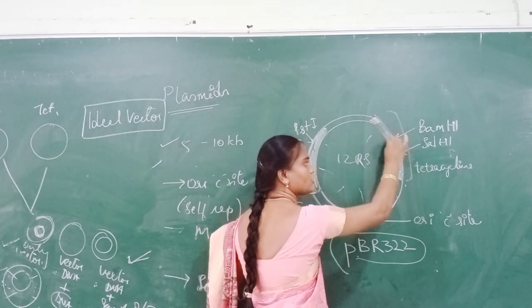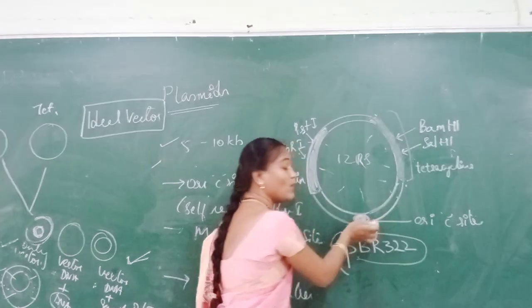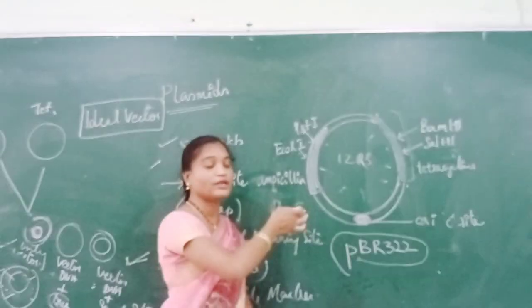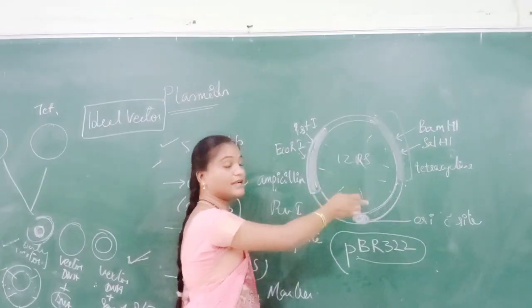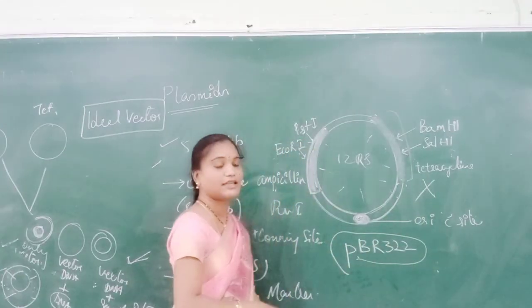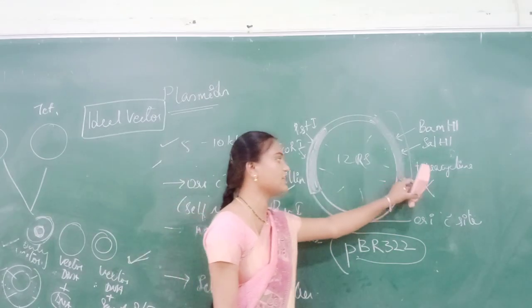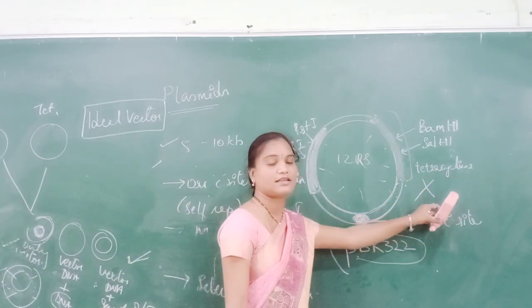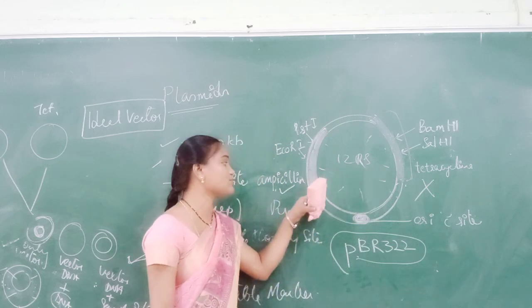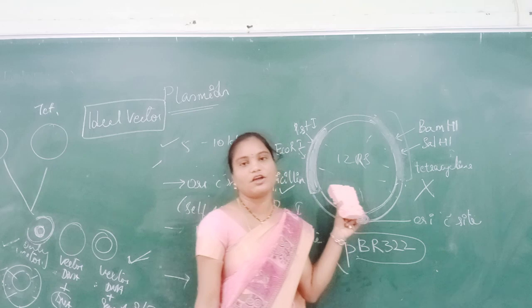Then, because of placing your gene of interest in the tetracycline, when this plasmid is grown on both your ampicillin and your tetracycline plates, then no growth is observed in your tetracycline and growth resistance is observed in your ampicillin. Why? Because the DNA insert is placed in your tetracycline. If your DNA insert is placed in your ampicillin, growth is observed in tetracycline but not in your ampicillin.